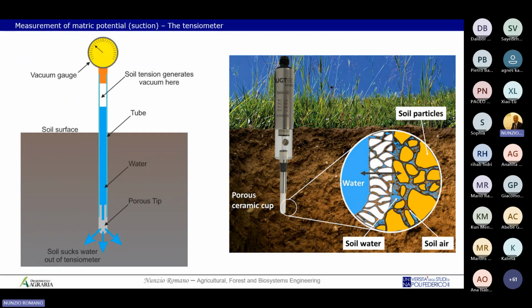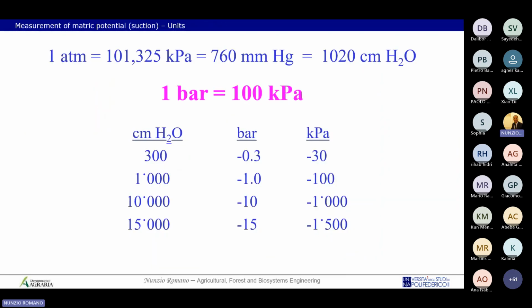Okay. And again, in soil hydrology, it's important not only to have the analytical equations, but also to get familiar with the values. So, in this slide, I remind you of some basic things. 1 atmosphere, on average, is about 101.325 kilopascal.